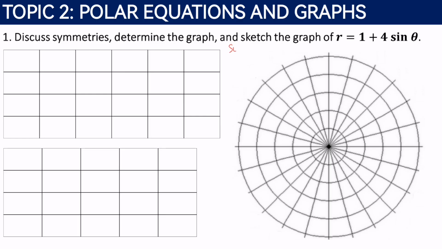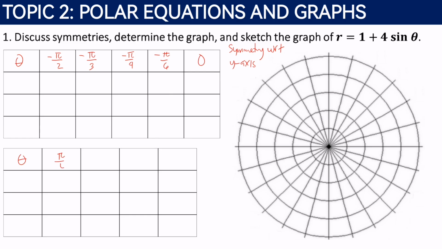Let me note that here, symmetry with respect to y-axis. So our theta, we can have negative pi over 2, negative pi over 3, negative pi over 4, negative pi over 6, and 0.